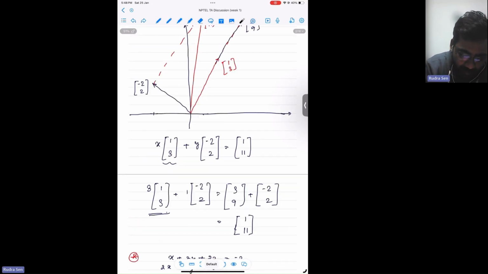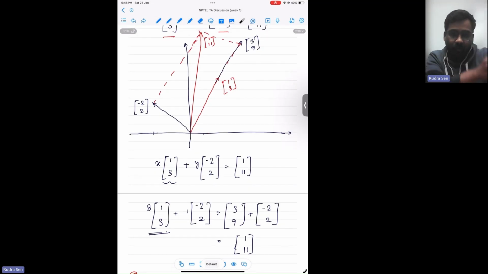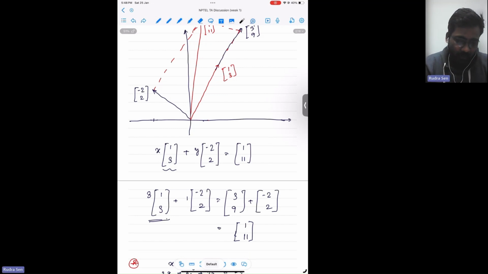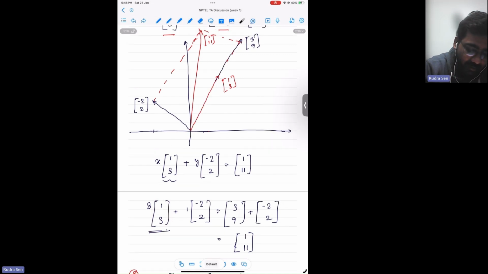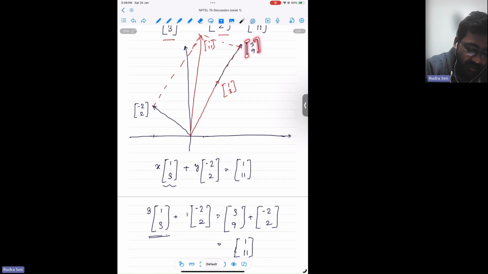What we are doing over here is basically expanding the column vector 1, 3 by 3 times. This expanded column vector is 3, 9, and the resultant vector that you will get is 1, 11.